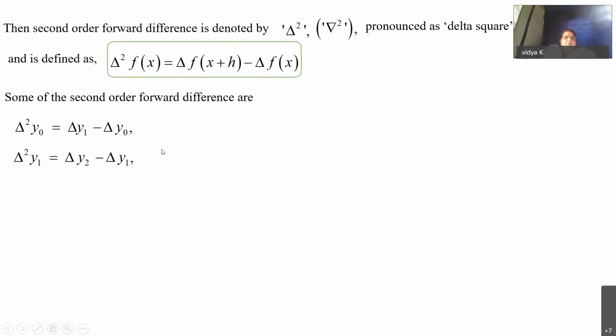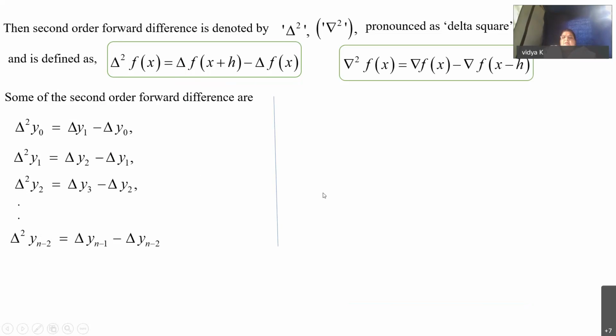Similarly, delta y1 is y2 minus y1, so delta square y1 will be delta y2 minus delta y1. You can define like that, but only up to a limit. Delta you can go up to yn minus 1, but delta square you can go only up to delta square yn minus 2. You can't define delta square yn minus 1 or delta square yn.